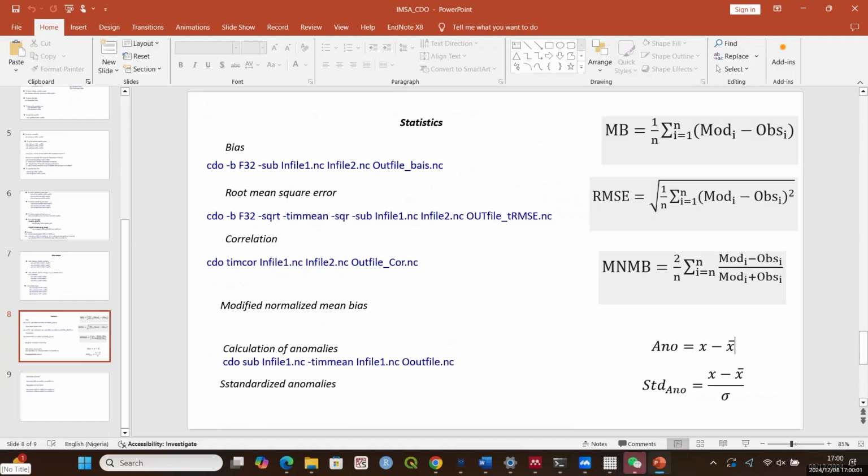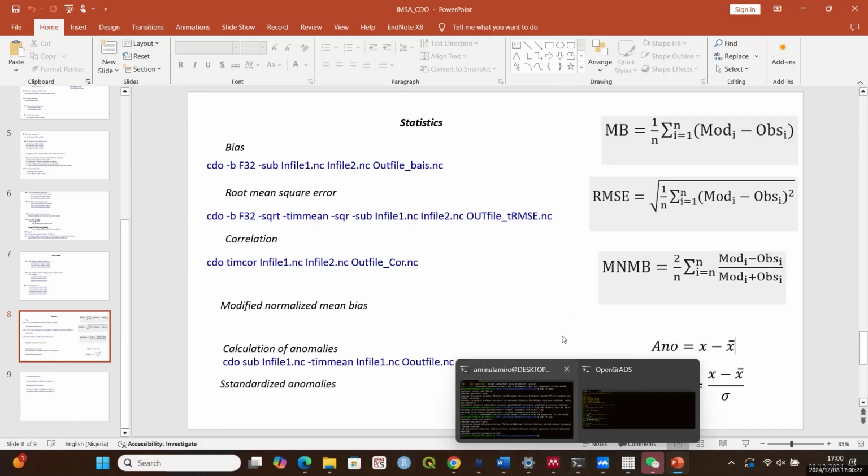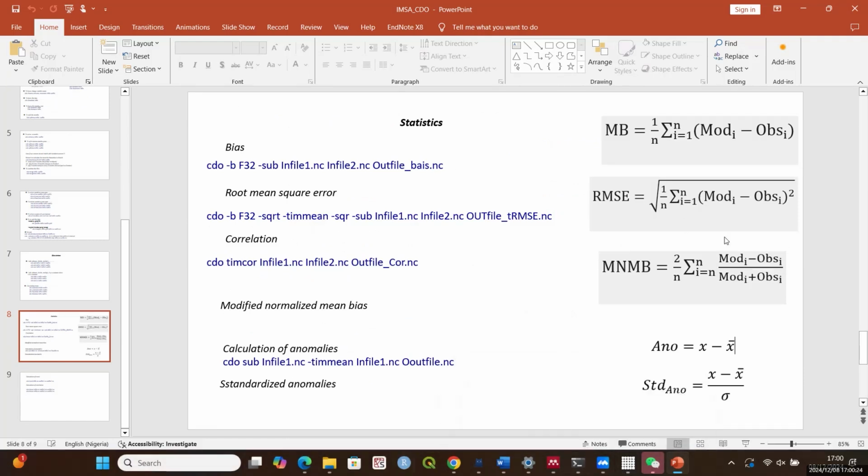Or we can just start from here. Let's try to calculate the root mean square error. So we said we need to square the what? The bias.